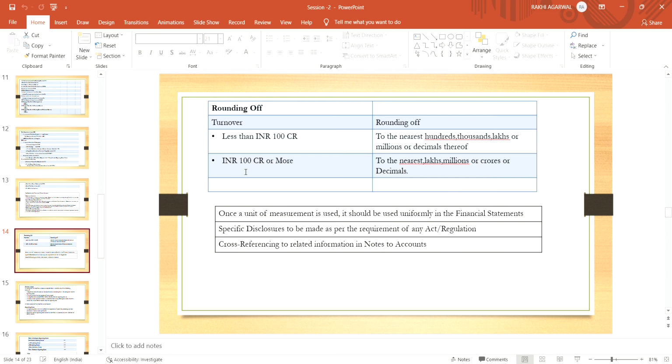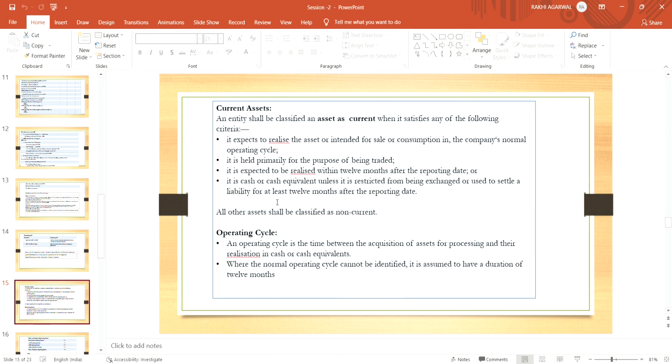Whatever unit of measurement is used, it should be used uniformly in the subsequent financial statements. Specific disclosures to be made as per the requirements of acts or regulation, cross-referencing to the related information in notes to accounts. Cross-reference we must do from notes to the accounts. That is important.